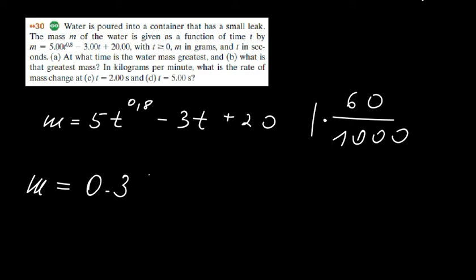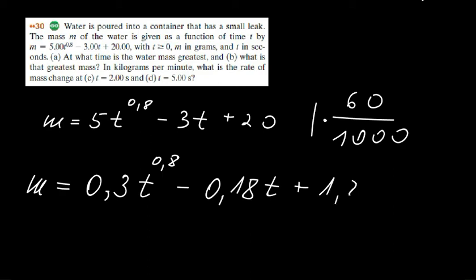So our equation now looks like this: 0.3 t to the power of 0.8 minus 0.18 t plus 1.2. This is now kilograms per minute.